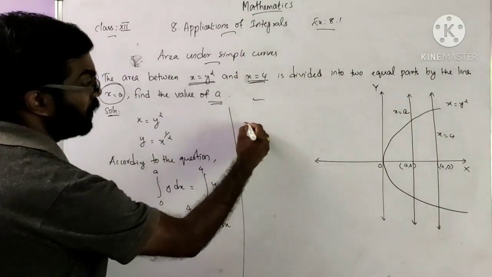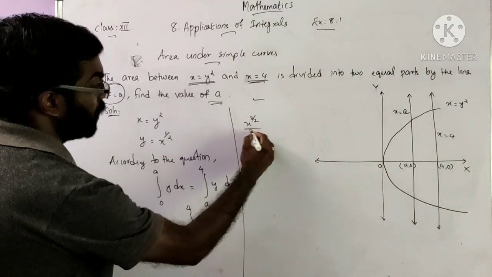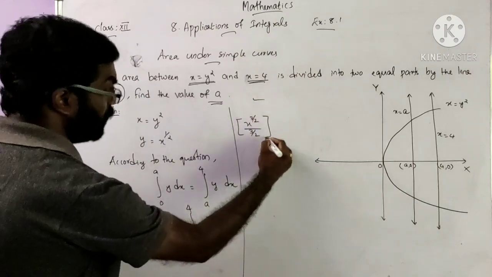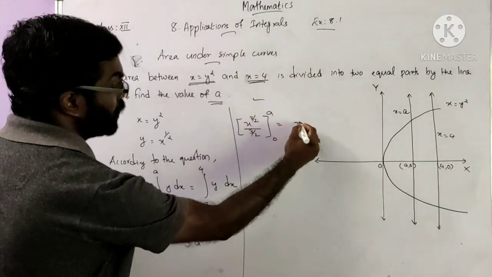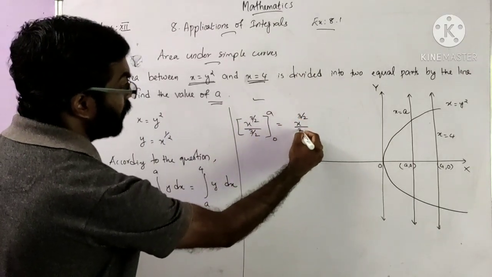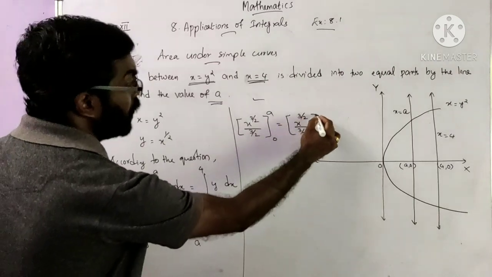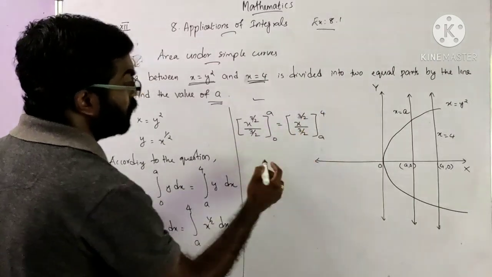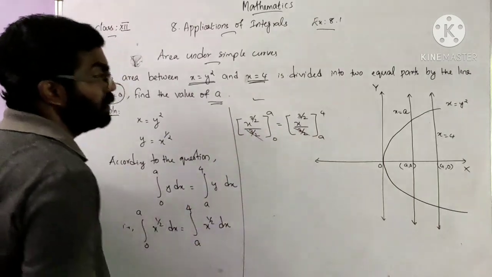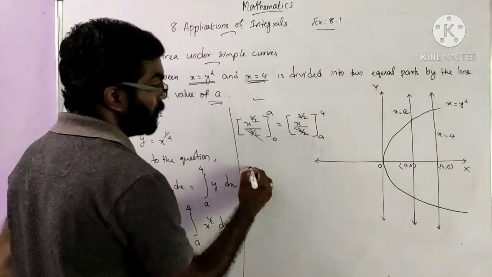We can integrate x raised to 3 by 2 divided by 3 by 2 within the limit 0 to a. Right side also x raised to 3 by 2 divided by 3 by 2, but the limit is a to 4.